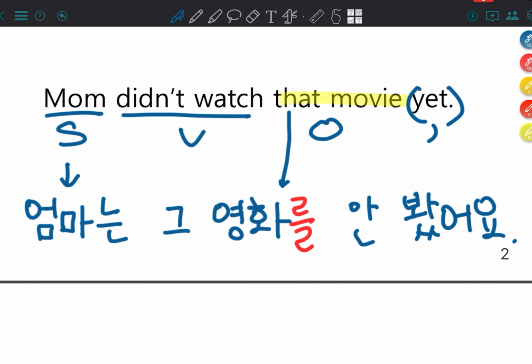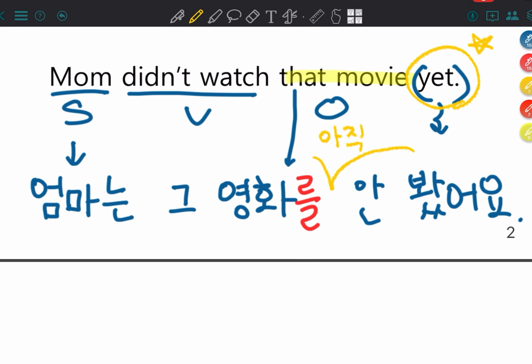And yet is an adverb, so we can place it somewhere at the front part of the sentence. So 엄마는 아직, or actually for this one it sounds more natural to be placed right before a verb. So you can say 아직. We're gonna learn more about adverbs in the later lessons.